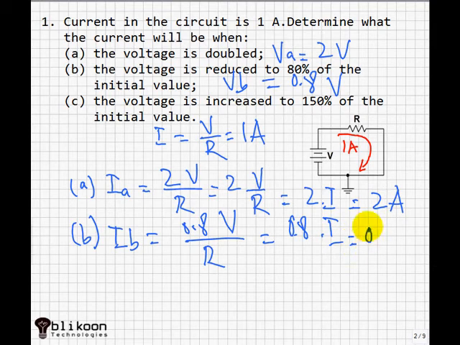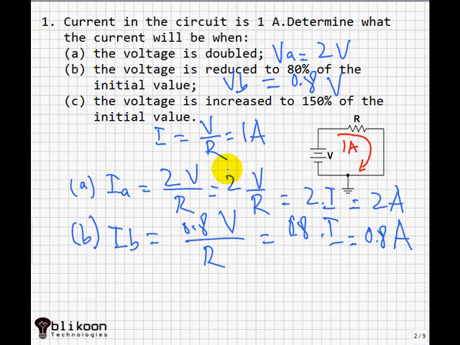We get 0.8 amps. Again, notice that we have decreased the voltage. Current has decreased. We had 1 amp, now we have 0.8 amps.